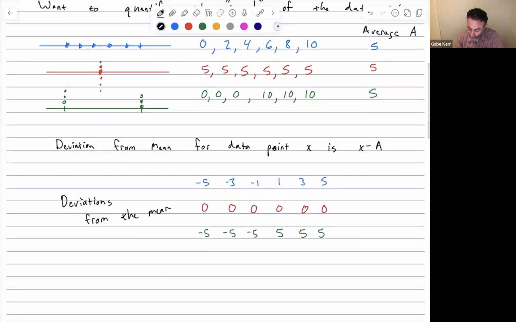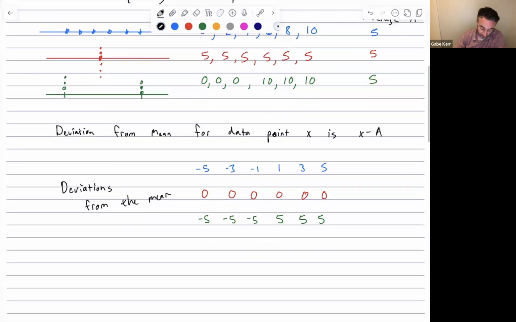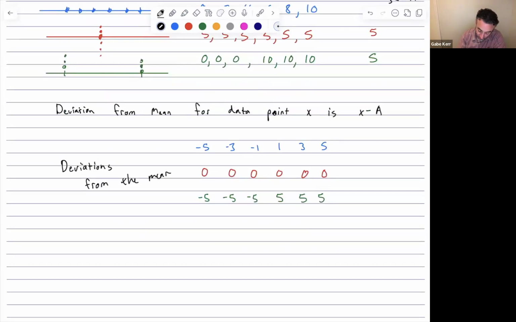Instead, we'll square these and take the average of that. So we're going to take this whole picture and square it: squared deviations.